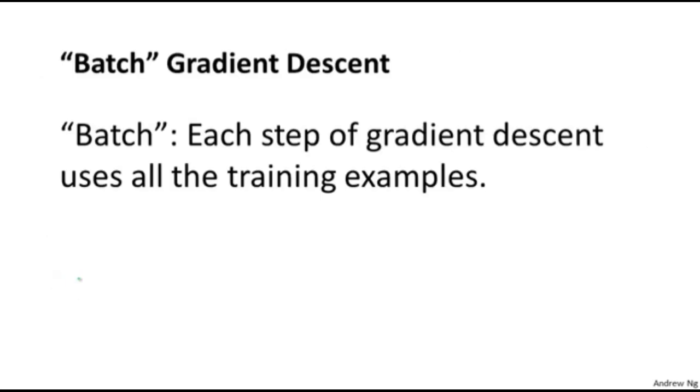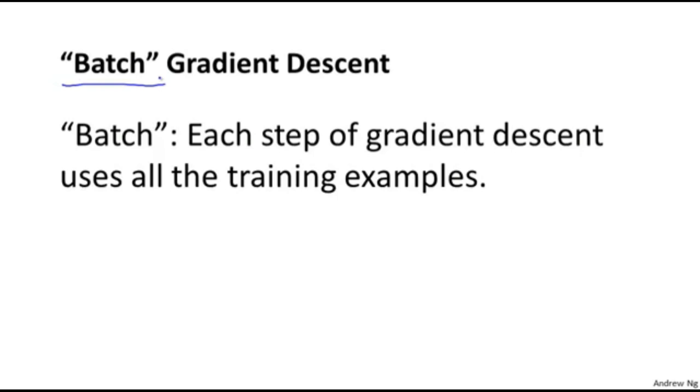Finally, just to give this another name, the algorithm that we just went over is sometimes called batch gradient descent. In machine learning, I feel like us machine learning people are not always great at giving names to our algorithms. But the term batch gradient descent refers to the fact that in every step of gradient descent, we're looking at all of the training examples.